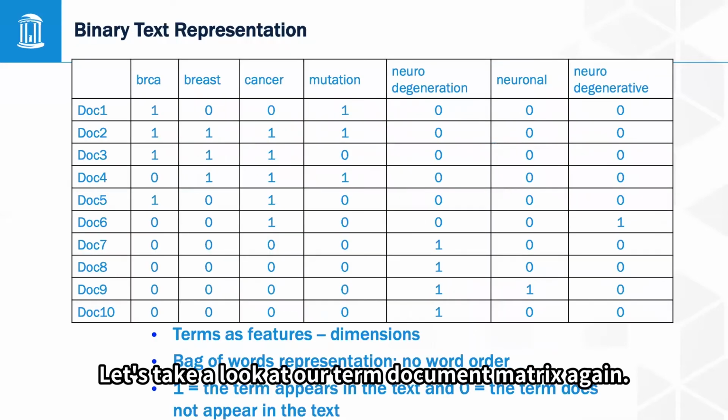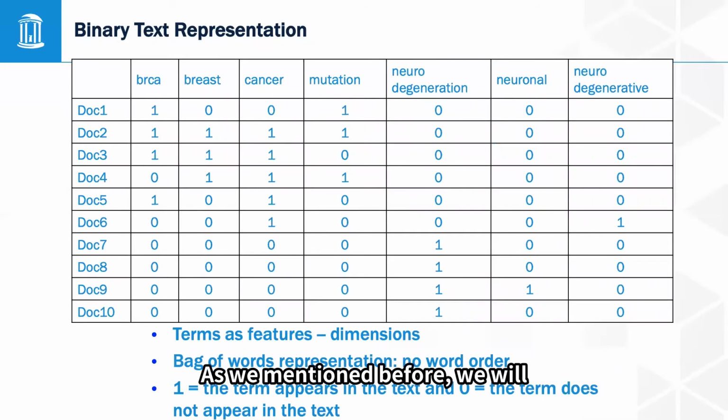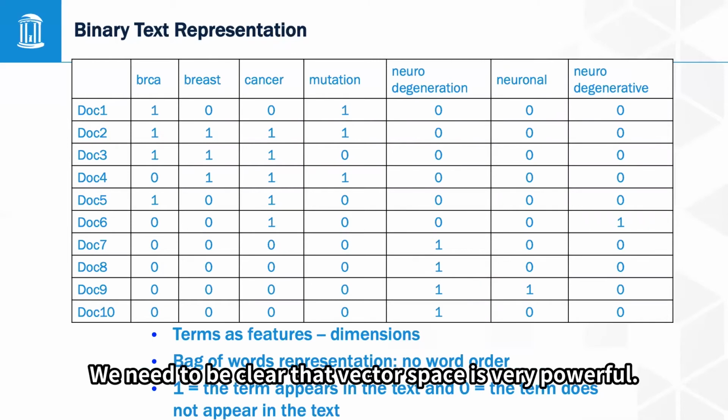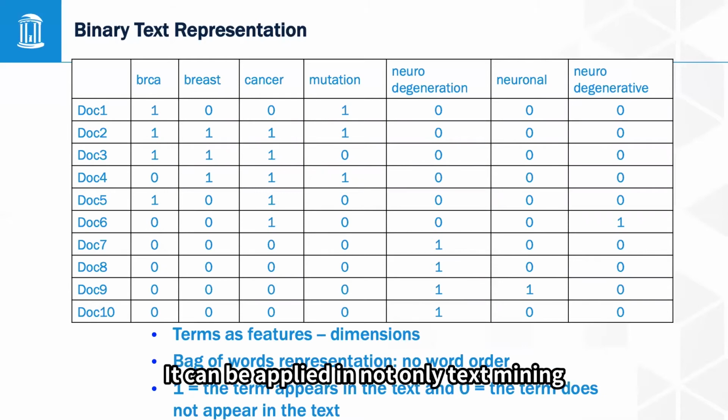Let's take a look at our term document matrix again. As we mentioned before, we would like each of the documents to be treated as a vector, and all of them should be put in one vector space for calculation and comparison. We need to be clear that vector space is very powerful. It can be applied in not only text mining, but also a lot of different fields.